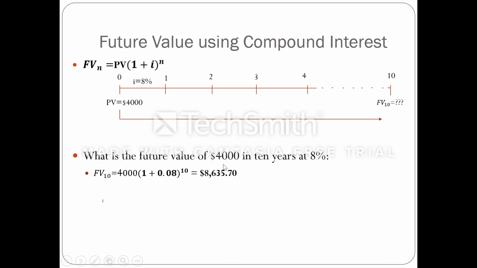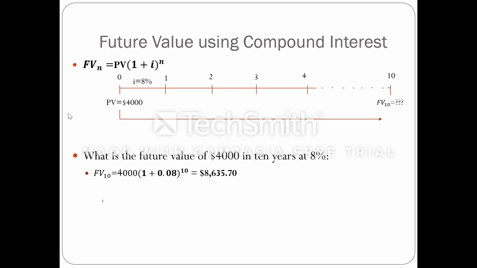So the future value of 4,000 in 10 years will be 4,000 into 1 plus the interest rate raised to the power number of time periods, where the time period here is a year. So there are 10 years. So the 4,000 at 8% will grow to $8,635.70 by the end of the 10th year. So again, this is compound interest.